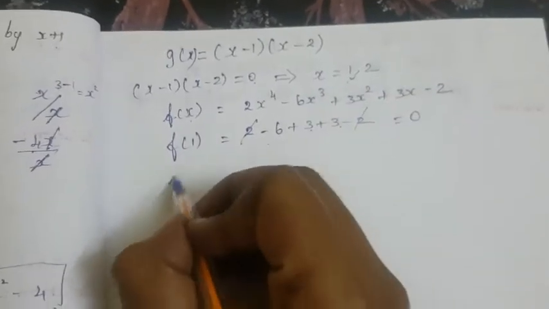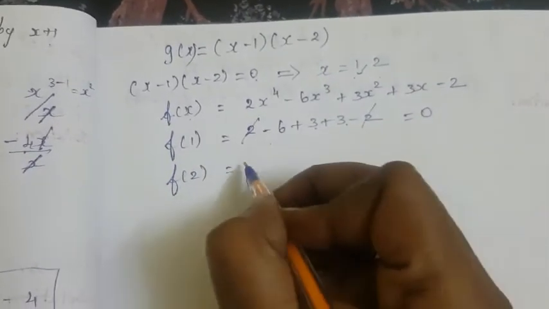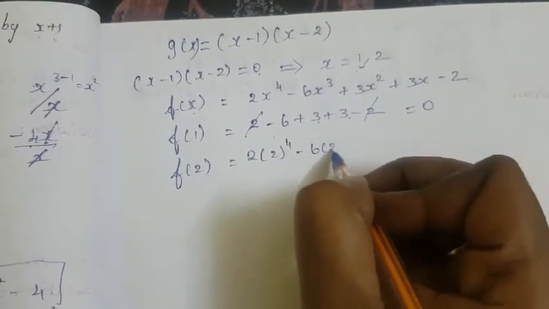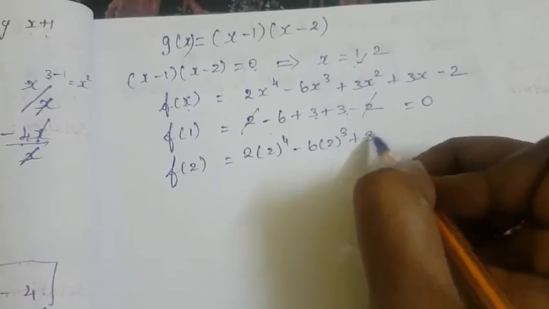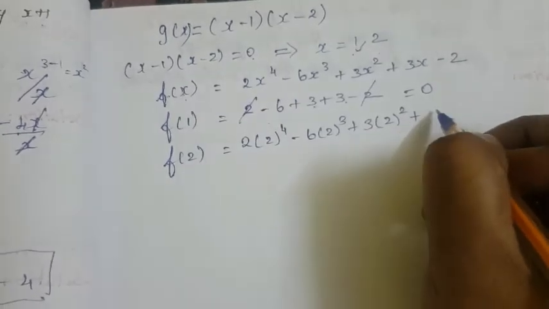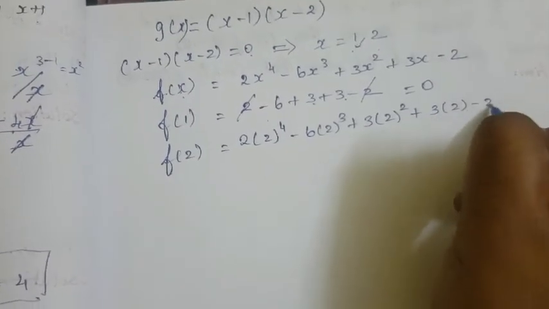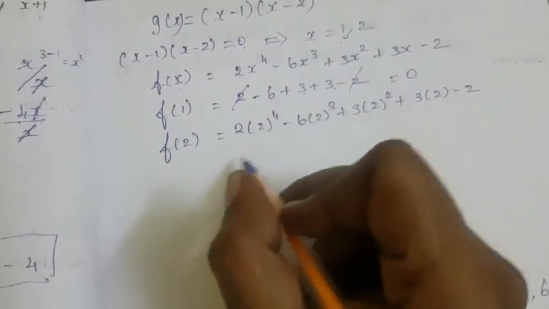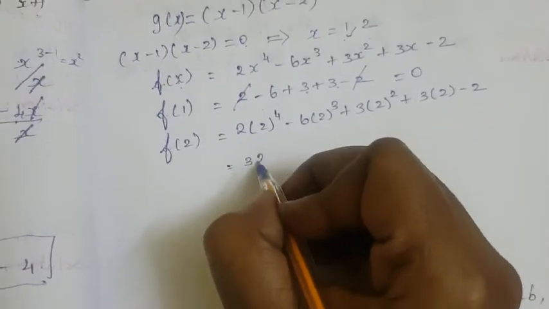Then f of 2. f of 2 means 2 into 2 to the power 4 minus 6 into 2 cube plus 3 into 2 square plus 3 into 2 minus 2. If we solve this, 2 to the power 4 into 2 will become 32.